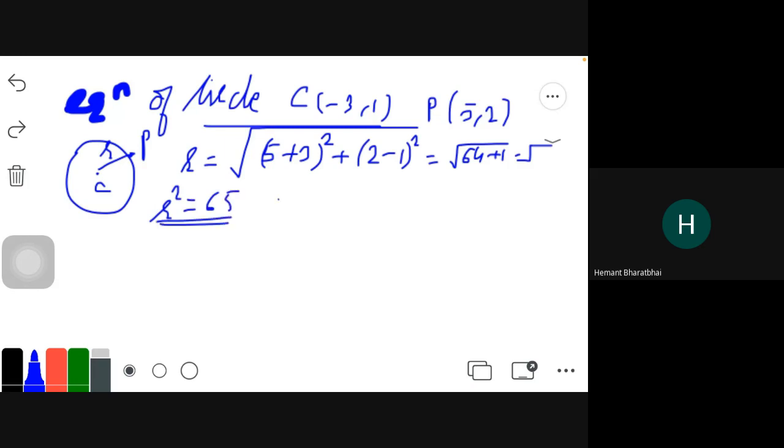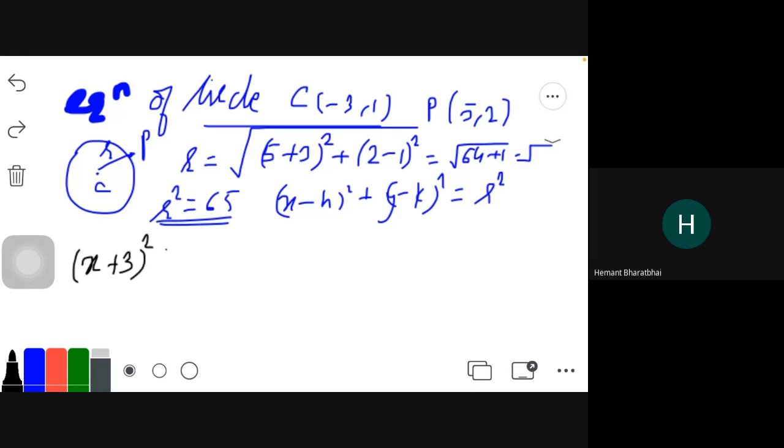If you remember the center radius form, (x minus h) the whole square plus (y minus k) the whole square equals r square. So the equation can be written as x minus h, and x minus minus will become plus. So (x plus 3) the whole square plus (y minus 1) the whole square equals 65, as r square is nothing but 65. Let's expand.